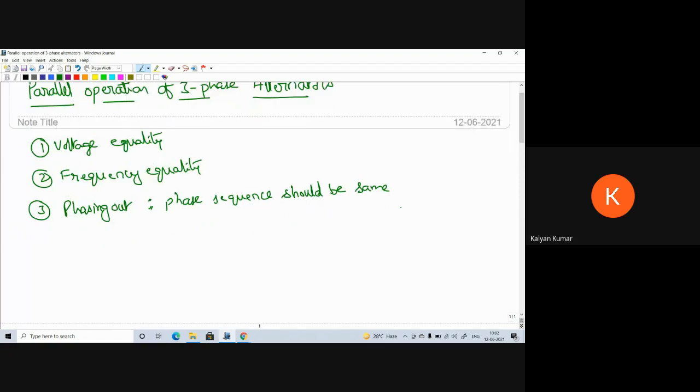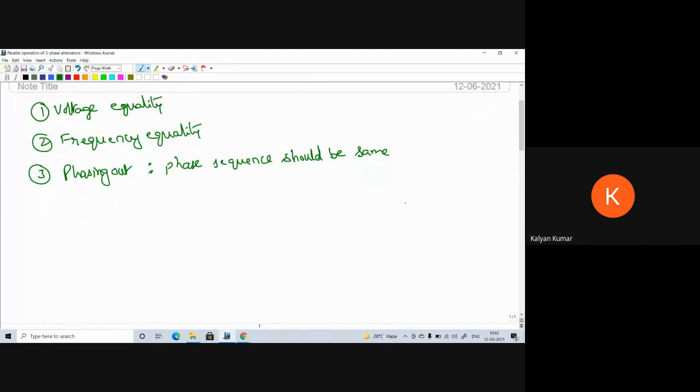So these three conditions have to be satisfied for proper synchronization. The first one is voltage equality.